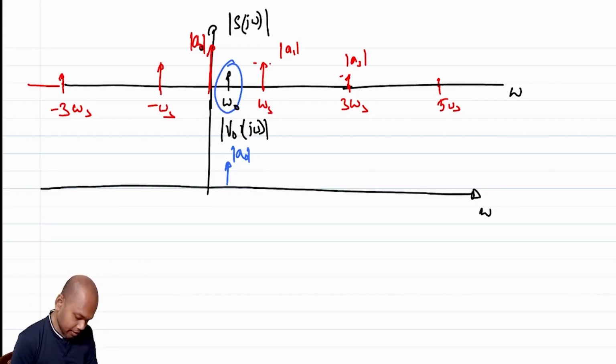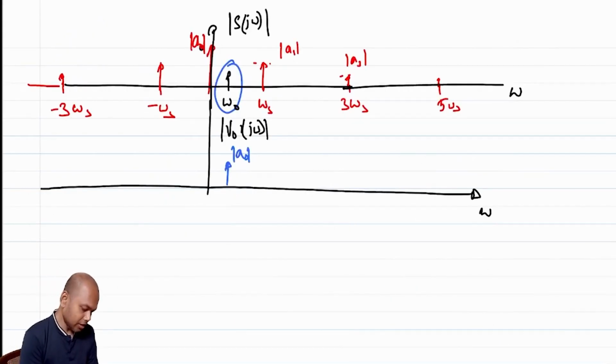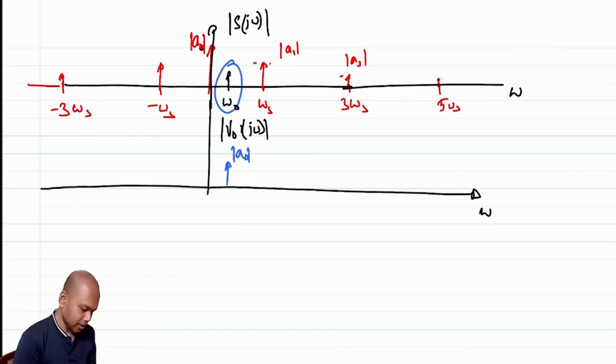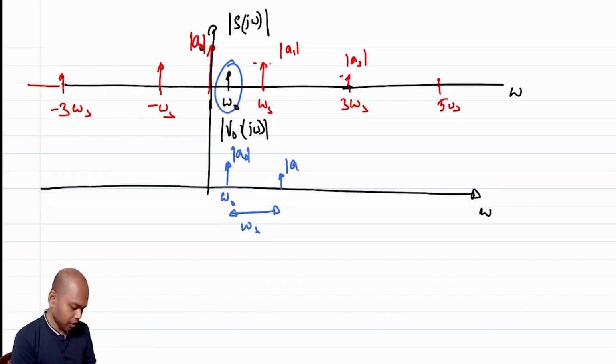What is the other component you are going to get? You are going to get a component at omega naught plus omega s, right? So essentially, this tone at omega naught got right shifted by omega s, right? So this is omega naught. On this side, if I go by omega s, we're going to have another tone, and the strength of that tone, if the original tone had a strength of unity, gets multiplied by mod of a1, right?